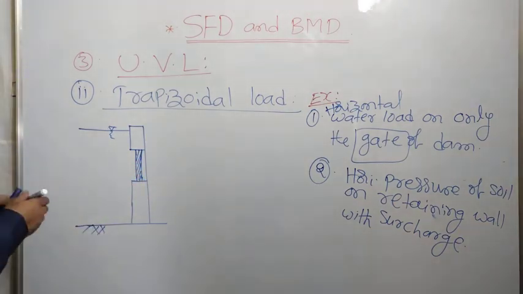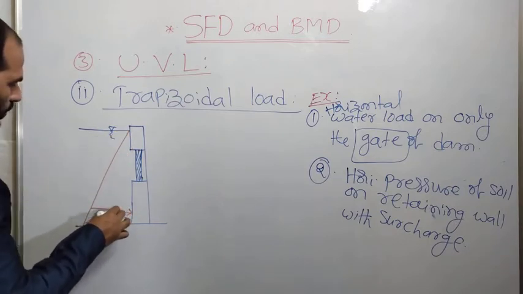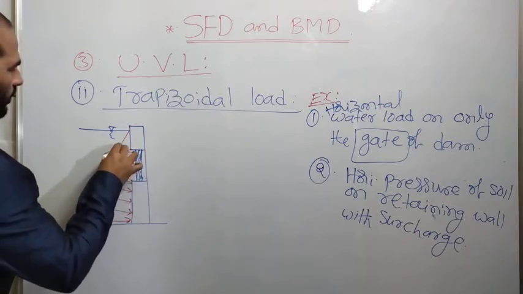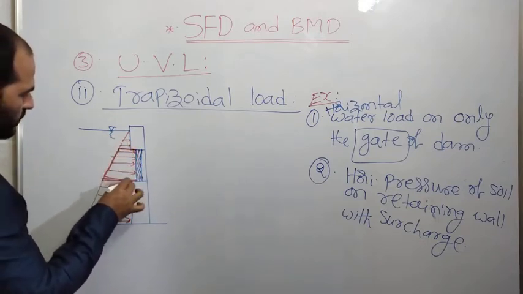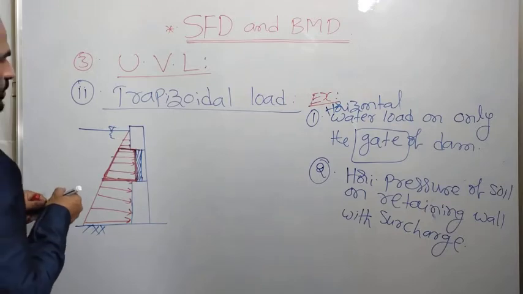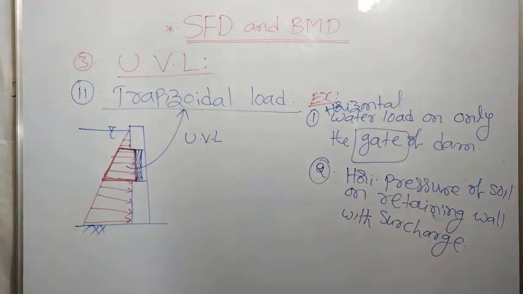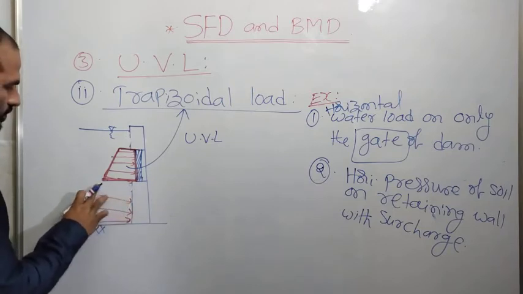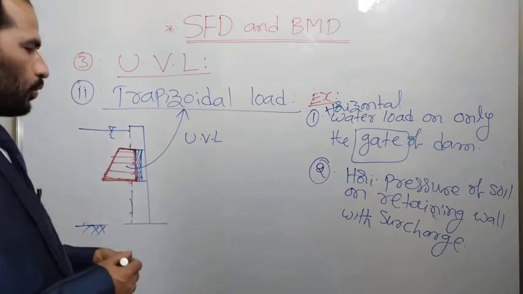The horizontal water pressure is distributed like this. If you consider only this portion, it is like a trapezium. It is the trapezium shape in the form of UVL load. Taking only the gate, this load is called UVL.